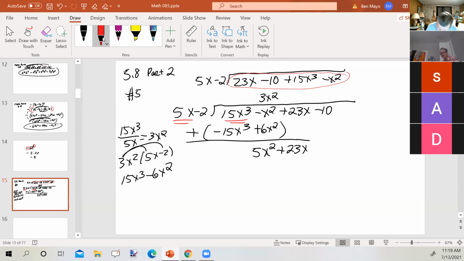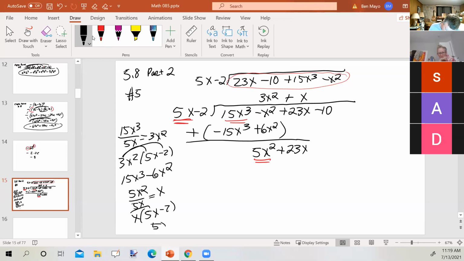Okay. We're going to take the leading term inside divided by the leading term outside. 5x squared divided by 5x would be x. We're going to write plus x up above there. We're going to take that x times the divisor, 5x minus 2, and we're going to get 5x squared minus 2x, which we'll write up here.